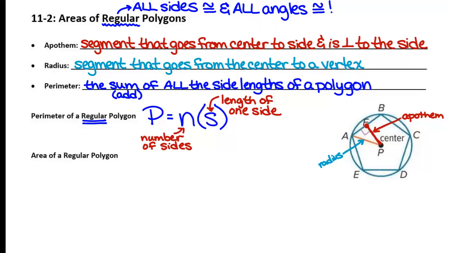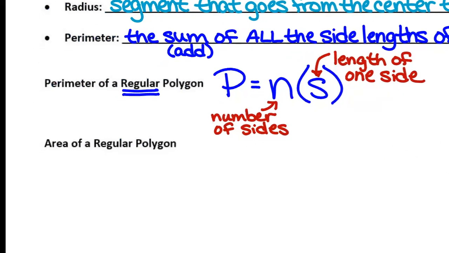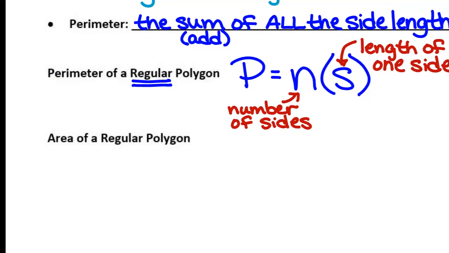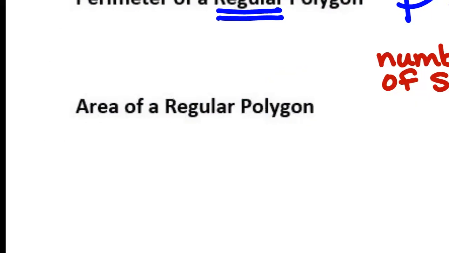All right. Now we're going to get into some area formulas. We have 2 different area formulas for a regular polygon, and we're going to choose which one to use based on the information that we've been given in the problem.